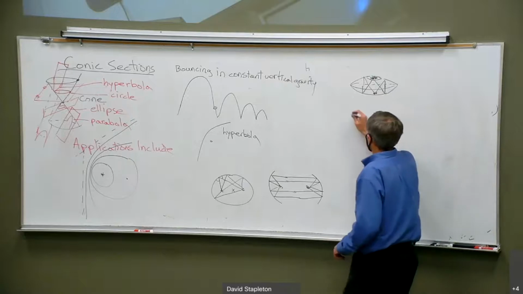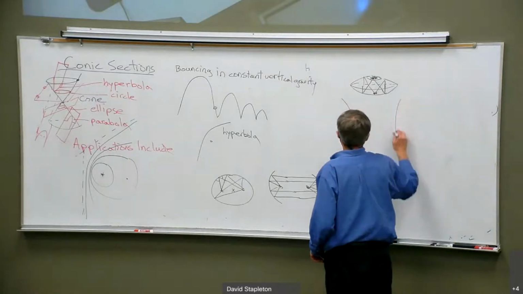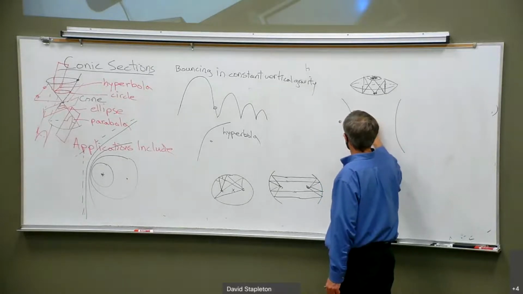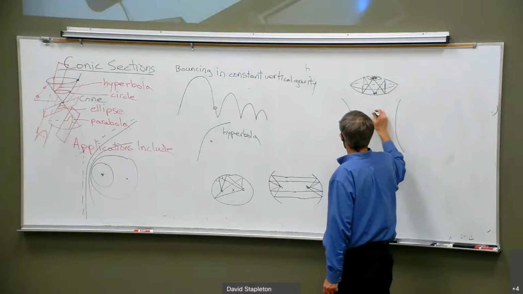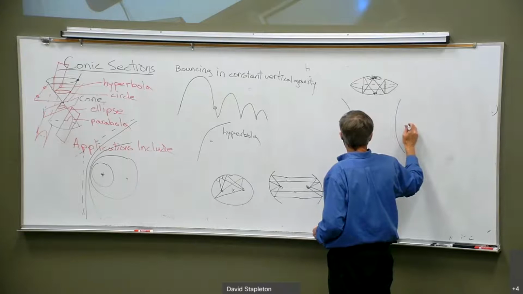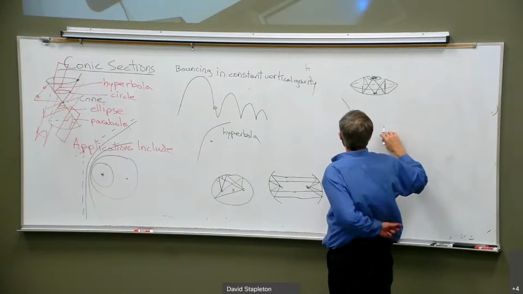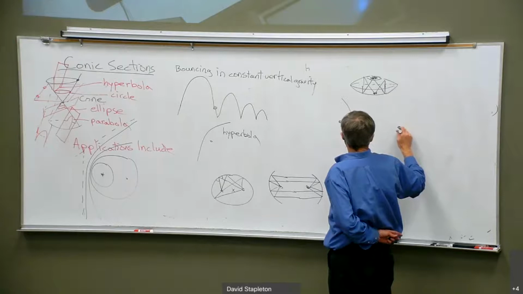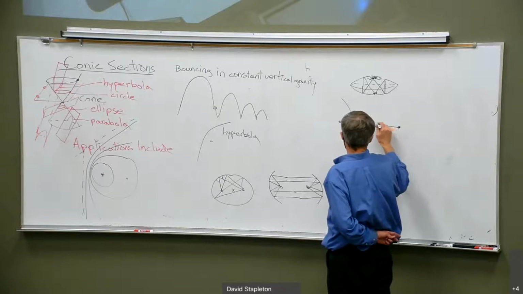Then a hyperbola has this optical property. If you put something at the focus of a hyperbola, say something at this focus here, the light bounces back.